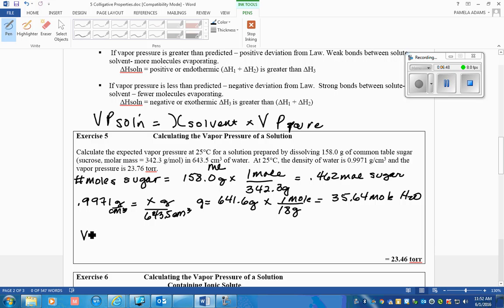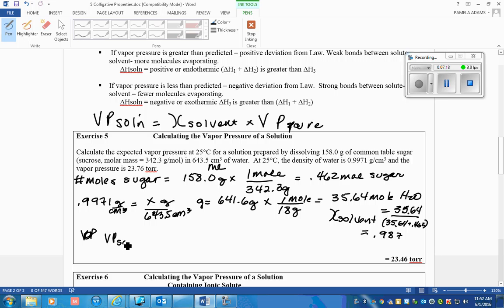So for the vapor pressure, we have to find the mole fraction of the solvent, and that would be 35.64 moles divided by the quantity 35.64 plus 0.462, and that gives us a mole fraction close to 0.987, because there's a lot more solvent than there is solute.